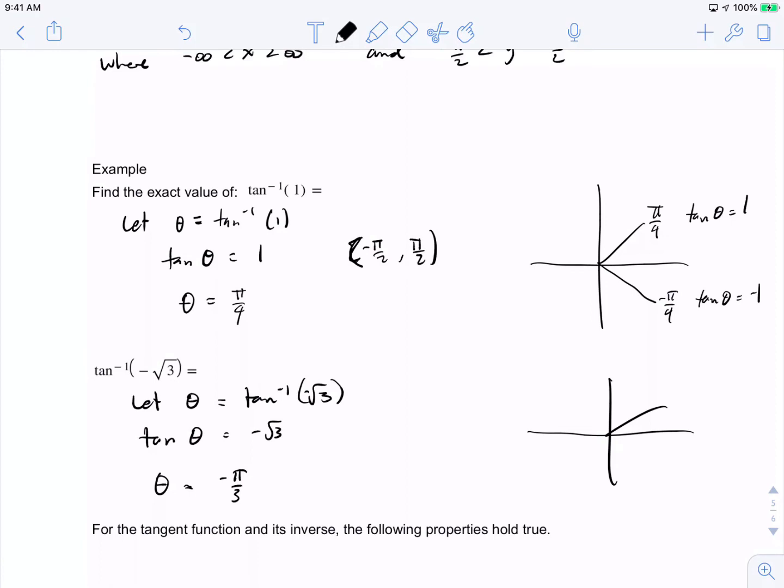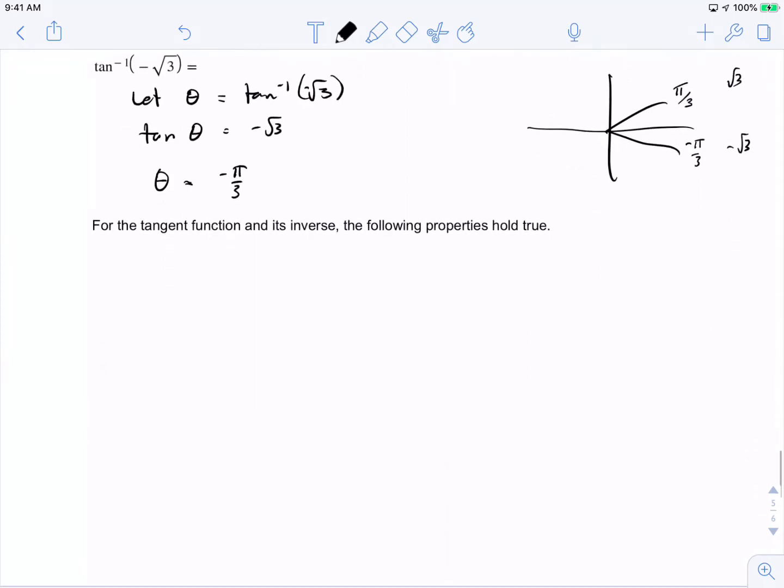So I know that at pi over 3 we get radical 3, and so down here we use the reference negative pi over 3, which will give us negative radical 3. So there's that.